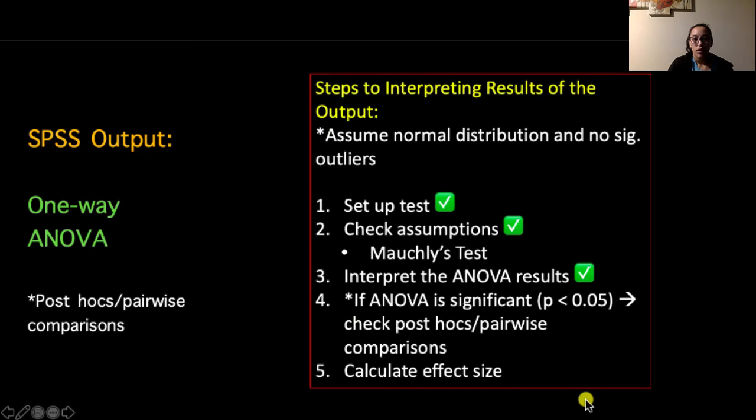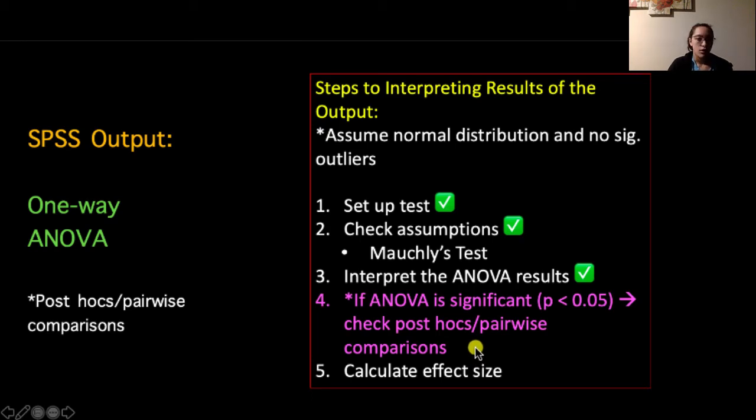So now that we know our ANOVA results, we can see if we need to run post hoc tests, which we can safely assume we need because we had a significant p-value under the Greenhouse-Geisser row in our ANOVA table. So post hocs or pairwise comparisons will be our next step in the analysis.